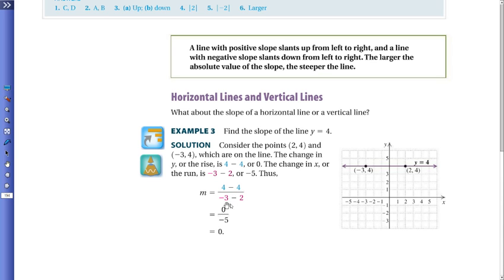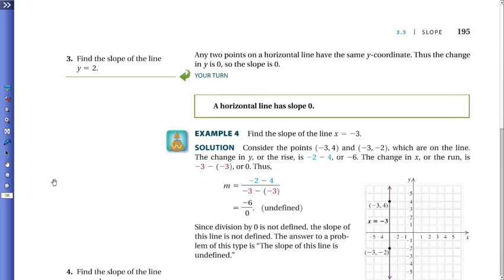The number on the bottom will change a lot. If I went from some point here to some point here, I'm going to get a larger difference, either positive or negative, but I still end up with 0 over that number, which is 0. So what they want you to do is recognize that horizontal lines have a slope of 0, and that's why they box that and put that in.